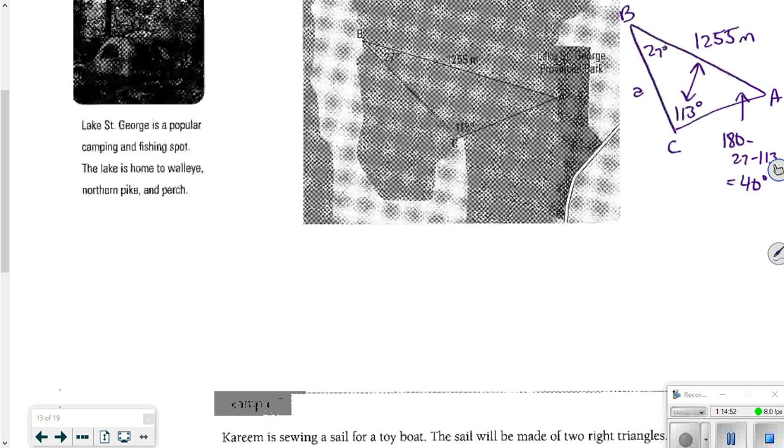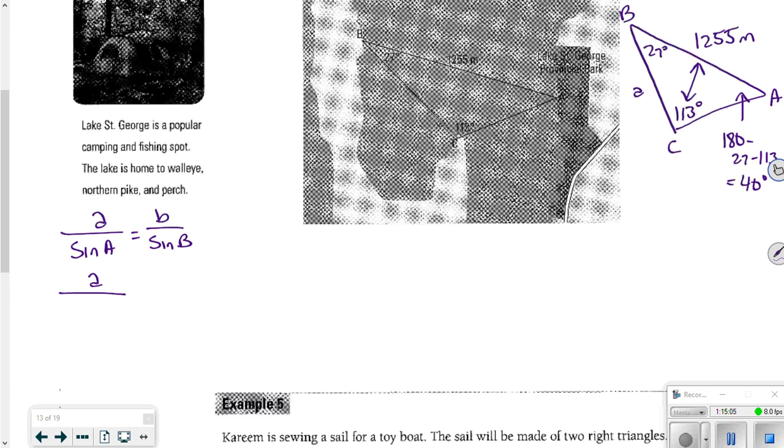So we're finding a side, we want A over sine A equals B over sine B. So A over, this angle across from it was the 40 degrees we just calculated.